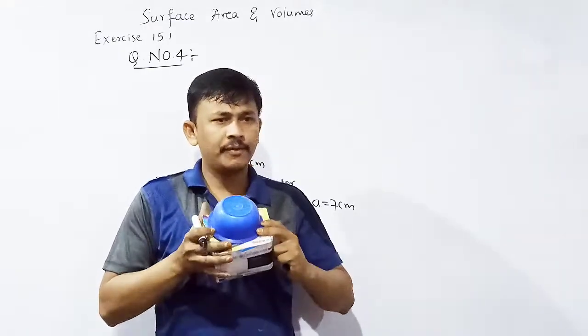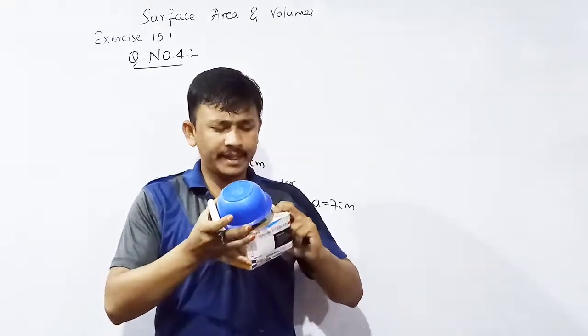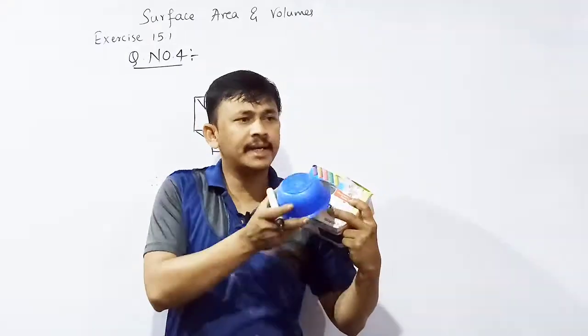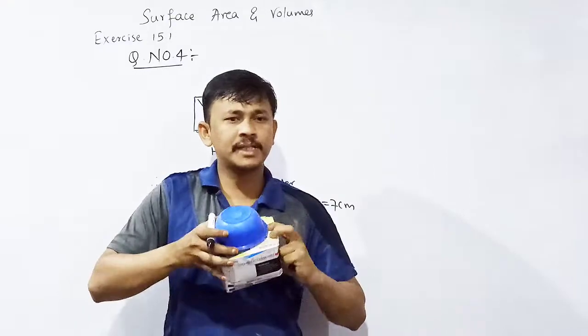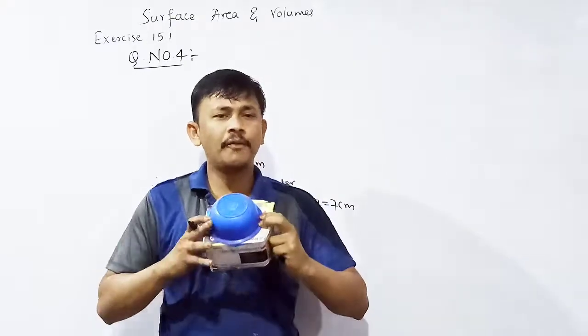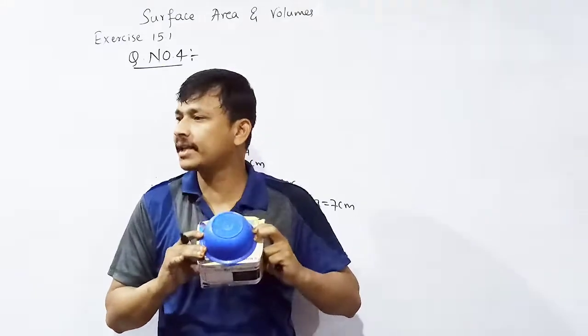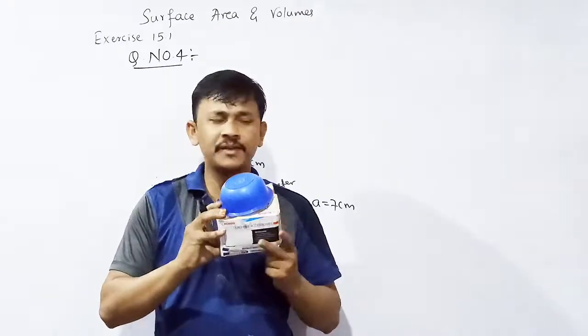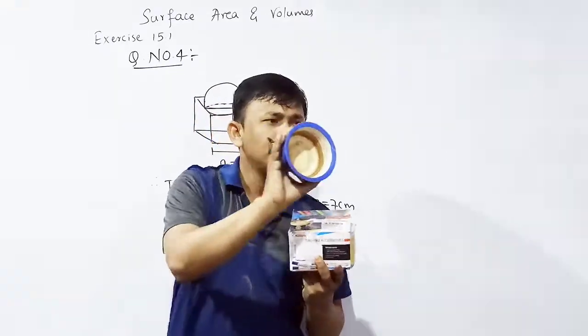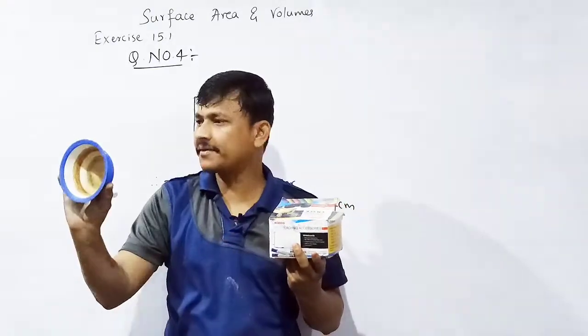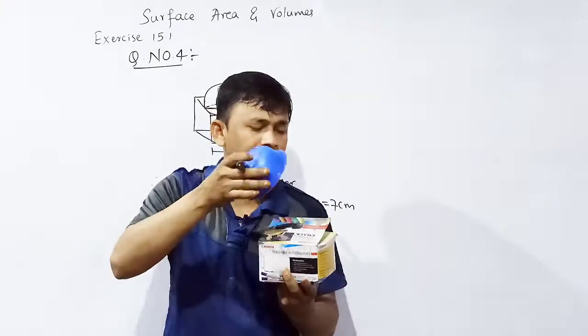First of all, we will be taking the complete 6 sides, in which we will be subtracting the area of circle. That means bottom surface area of hemisphere. What is the bottom surface area of hemisphere? Pi r square or the circle. Yes or no? Area of circle. What should we minus?